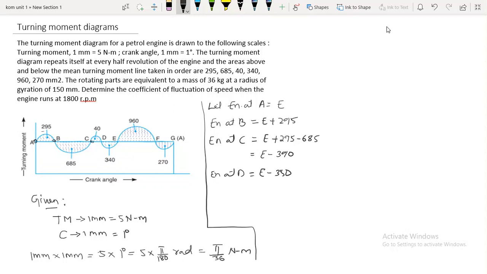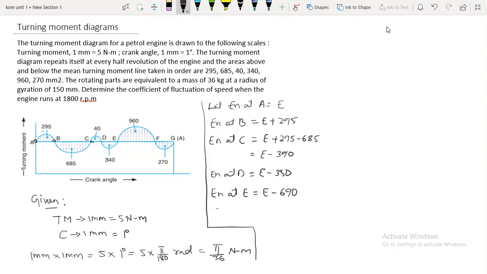Then the energy at E will be E minus 350 minus 340, because it is negative, below the mean torque line. So E minus 350 minus 340 gives E minus 690.